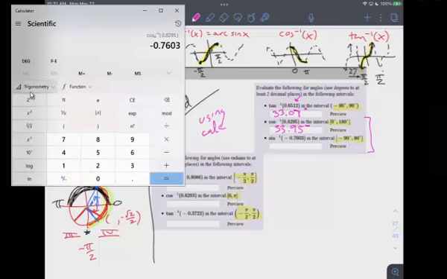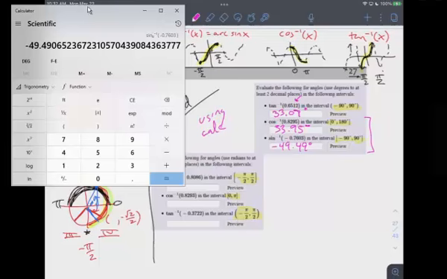Change the sign to negative. So here, when I take my inverse sine, I should get an angle that falls somewhere between negative 90 degrees and positive 90 degrees. I get negative 49.49. And so those are the angles in terms of degrees.